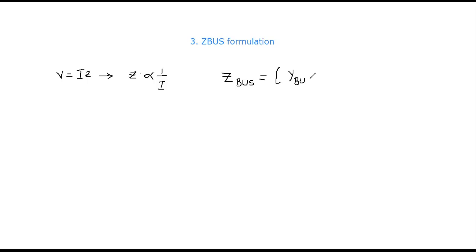So after obtaining this Y bus, if you take the inverse of this, definitely you will get Z bus. But you people are familiarized with the two port networks.